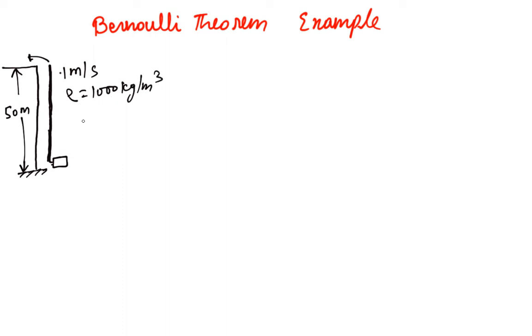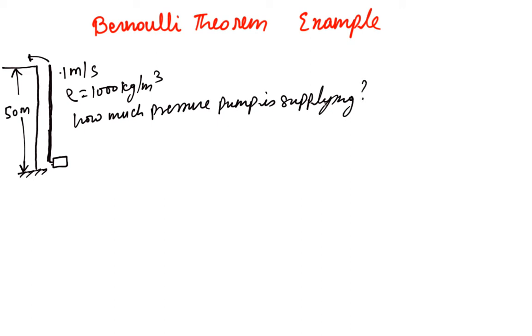So the question is, how much pressure is the pump supplying, and how much is the power of the pump? How much power is the pump putting in moving water from the bottom to the top?